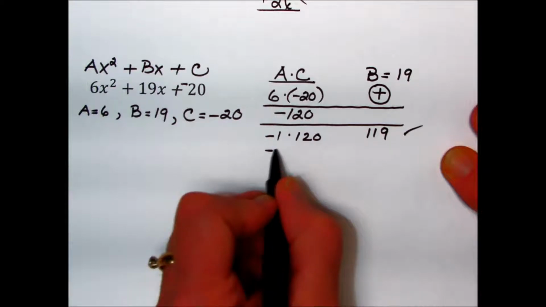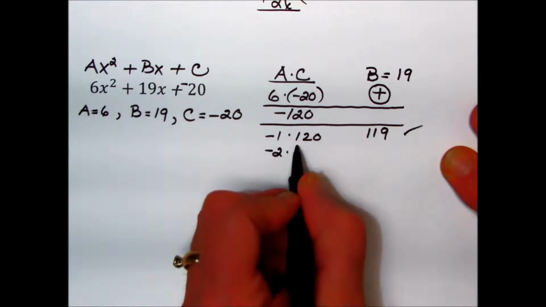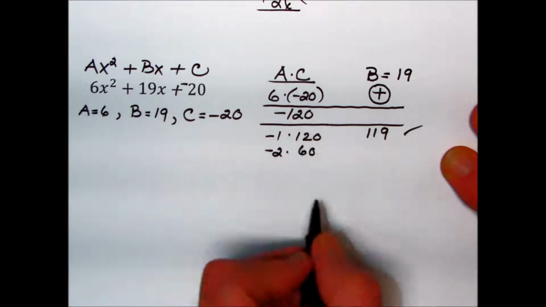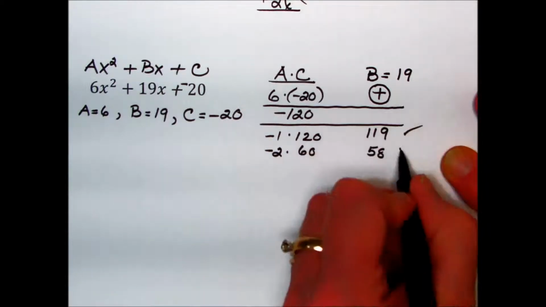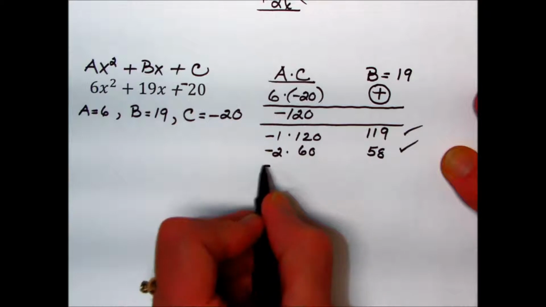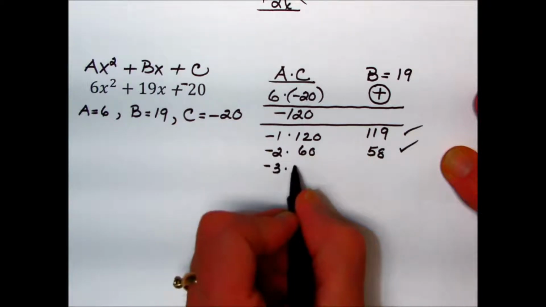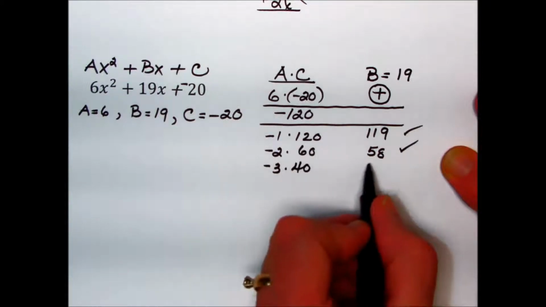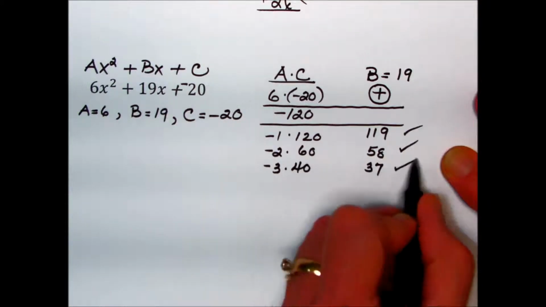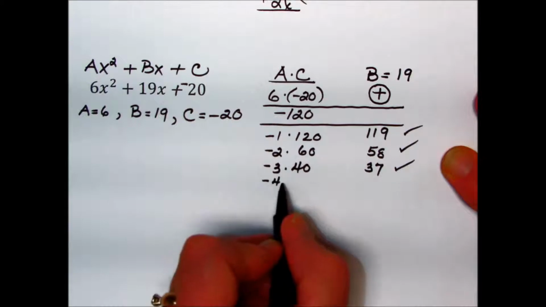So off the plate. Negative 2 times 60 gives us negative 120. When added, gives us 58. We're looking for 19. We need to keep on going. Negative 3 times 40 multiplies to give us negative 120 and adds to give us 37. Getting closer, not there.